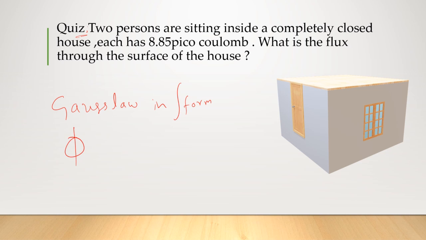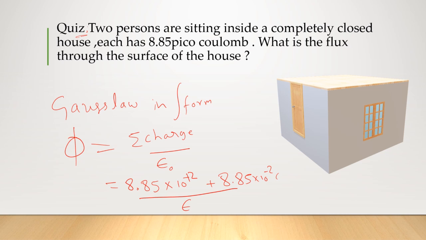Total outward flux phi is given by net charge by epsilon naught. Here each person has positive charge 8.85 picocoulomb. 8.85 picocoulomb means 10 power minus 12 coulomb, plus another person also has the same amount of charge, divided by epsilon naught.